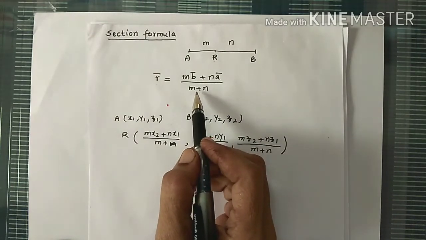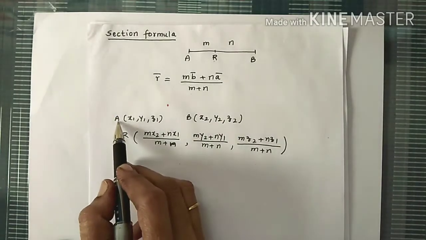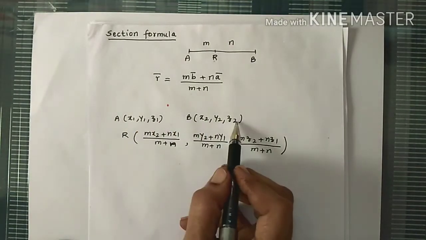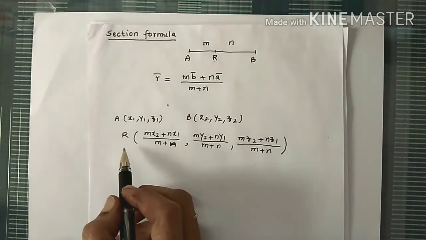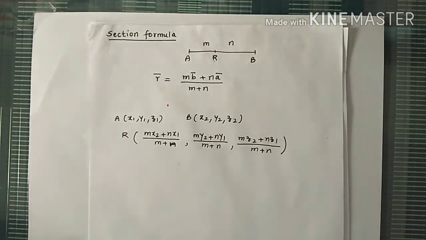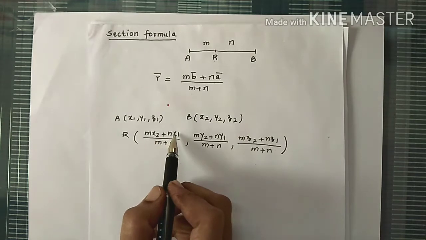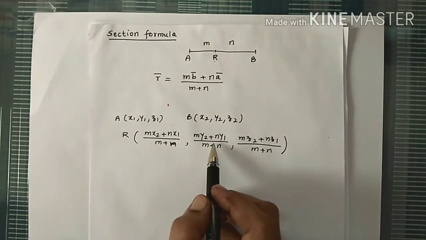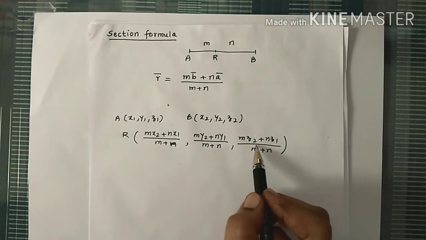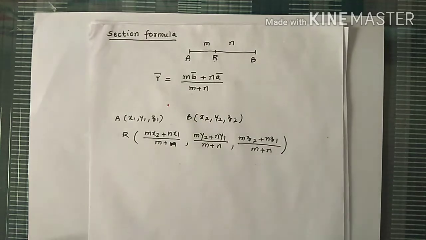If we write section formula in terms of coordinates, if coordinates of A are x1, y1, z1, coordinates of B are x2, y2, z2, then the coordinates of the point R, which divides AB internally in the ratio m:n, are (mx2 plus nx1) upon (m plus n), y coordinate is (my2 plus ny1) upon (m plus n), and z coordinate is (mz2 plus nz1) upon (m plus n).